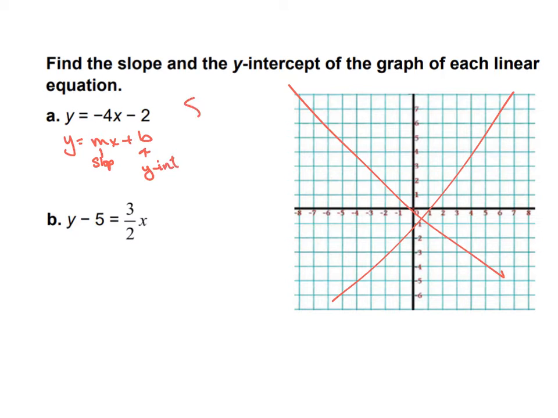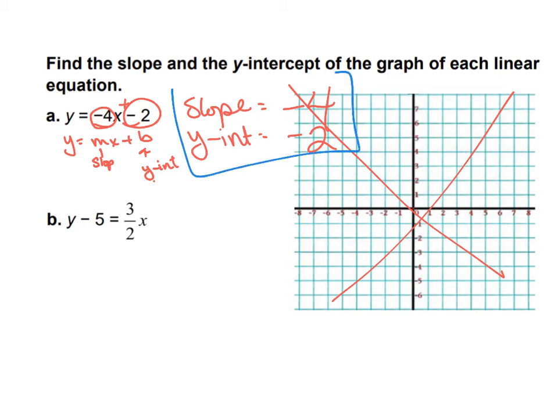So, slope is this number right here, negative 4. Our b is our y-intercept. It's technically what we are adding. So here, our y-intercept is a negative 2. Here are our answers, our slope and our y-intercept.